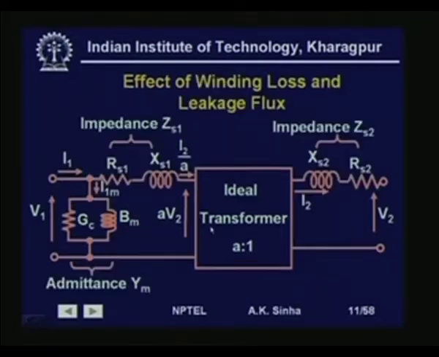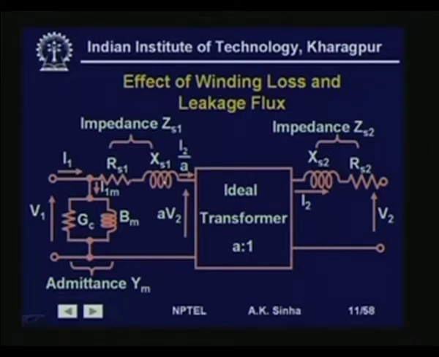Now, the resistance and the leakage flux part can be taken care of by means of the resistance of the winding here and the reactance to take care of the leakage flux part.